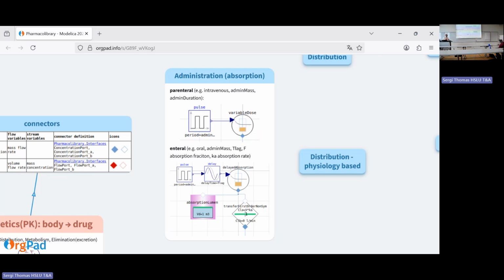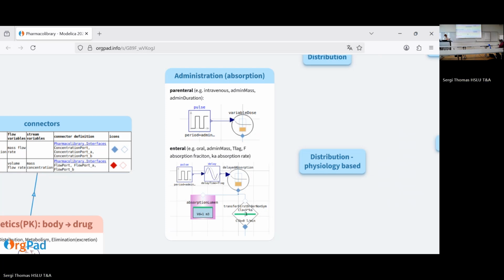More complicated is enteral administration. So if you take a drug via mouth, there is some delay before it goes to the gastrointestinal system and starts to be absorbed. And so we also have there a lumen compartment.